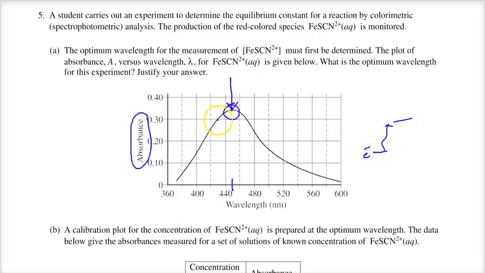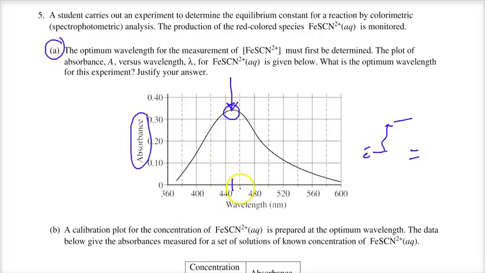If you think with me, if this is maximum absorption, this is probably going to be the smallest gap. In any case, this question is just like what we're going to do in our lab. We're going to find the peak that it best absorbs, and then we're going to set our spectrophotometer to here.